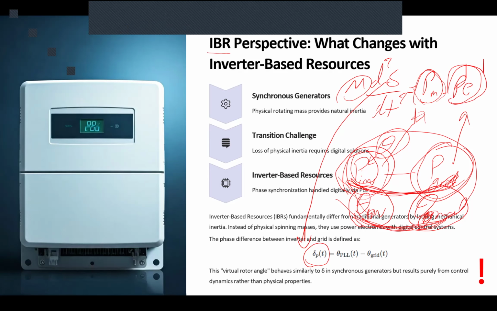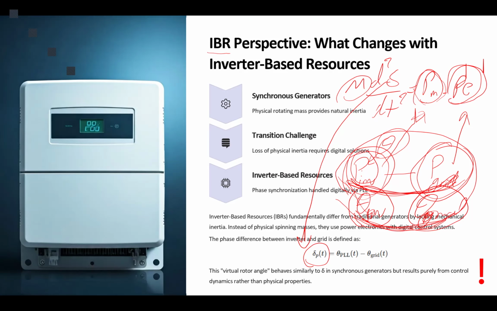The result of that variation changes into the difference of those thetas, the delta P that we defined.